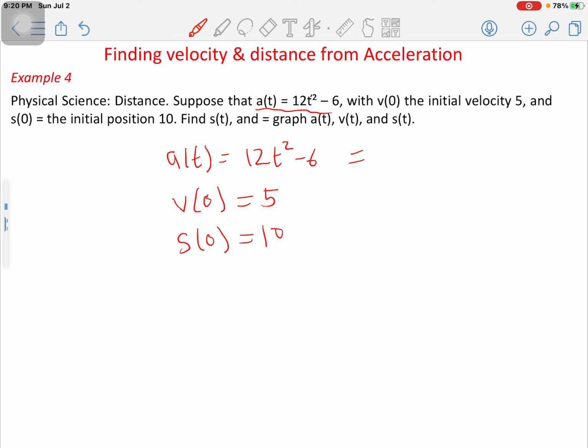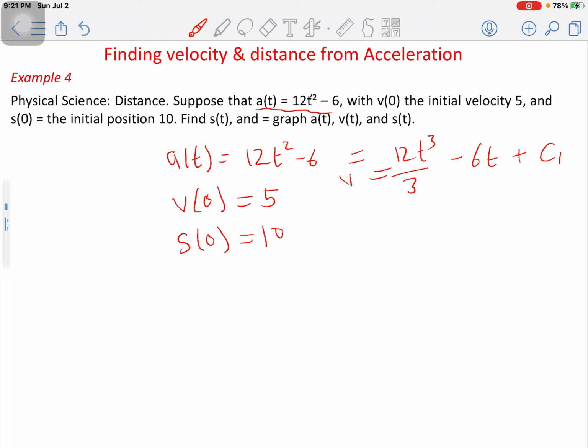And when we integrate it, we are going to get 12t power 3 over 3 minus 6t. And don't forget that we need to introduce our first constant, which is c1, the arbitrary constant of integration. So in doing this, now we have our velocity function, which is what?